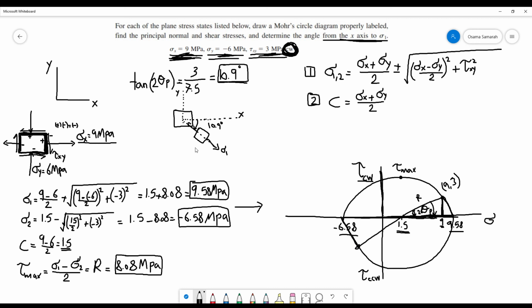So the y-face has a compressive stress of sigma 2. And that concludes our problem.